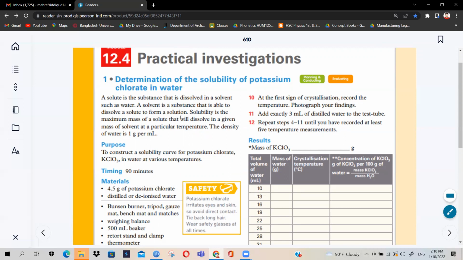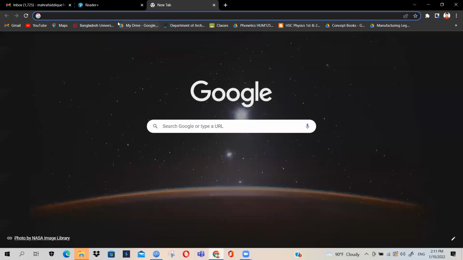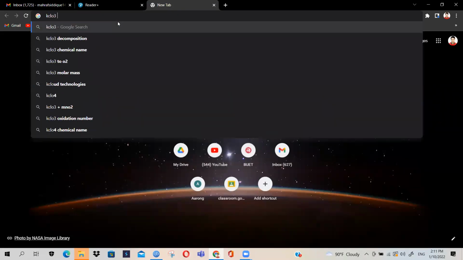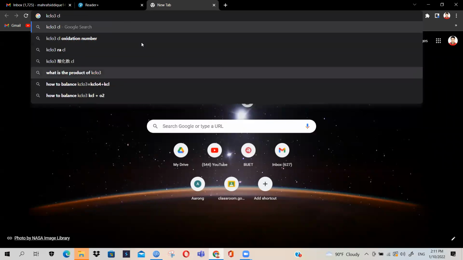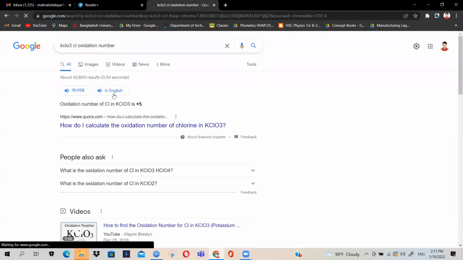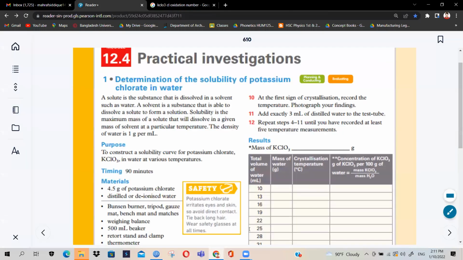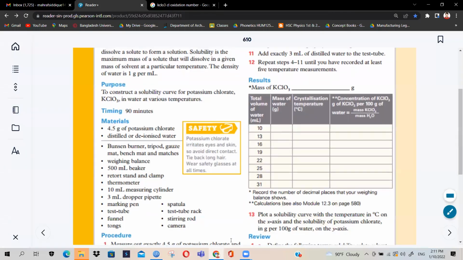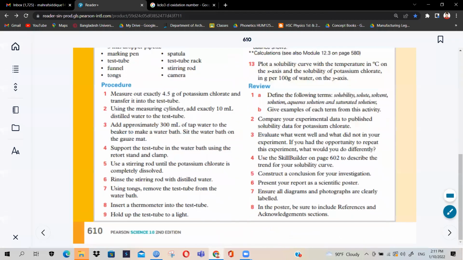It should be +5. Yes, +5. Cl oxidation number, +5. All right. So these things would be studied, and they could be studied at this level as well. I will show you somewhat later at some stage.